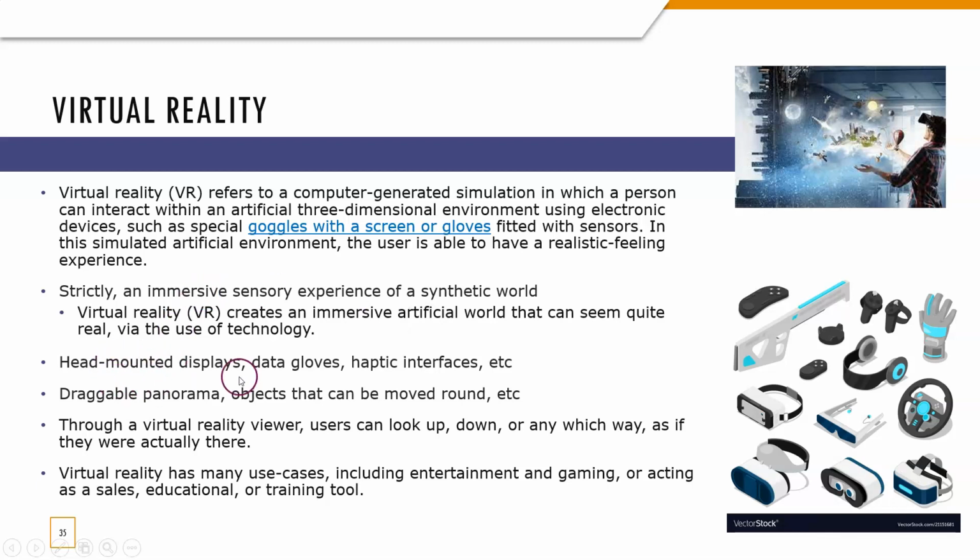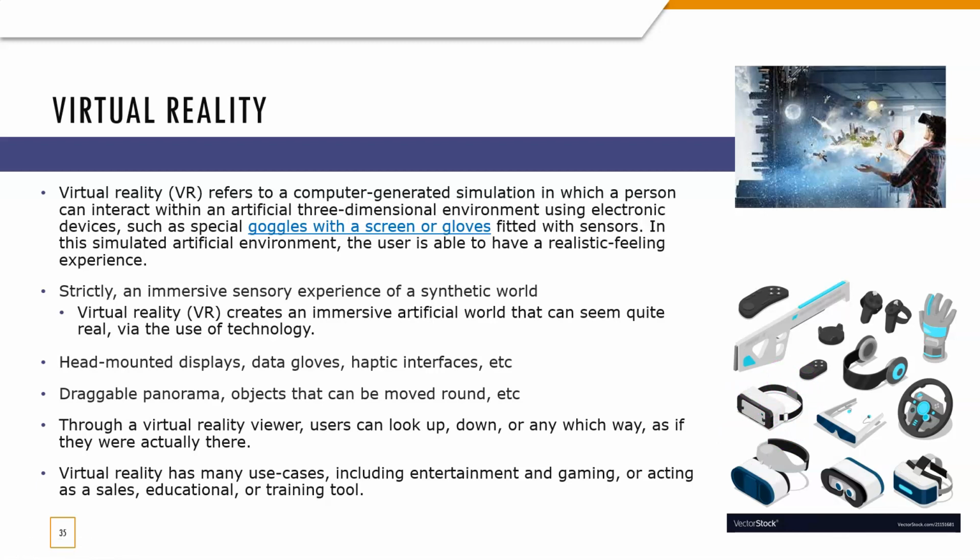Okay, so this is an example of the equipment that you have: head mounted display, data glove, haptic interface. Basically this equipment is very expensive. For example, if you want to have the head mounted display, because if you are not using the head mounted display, you cannot see the VR.